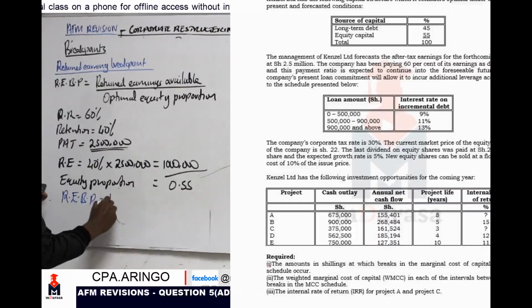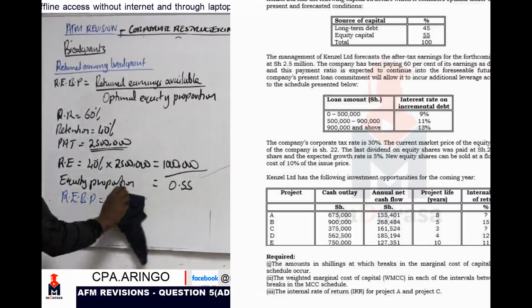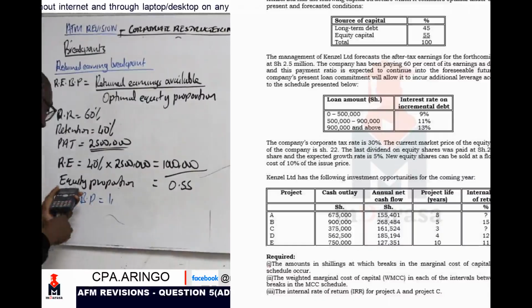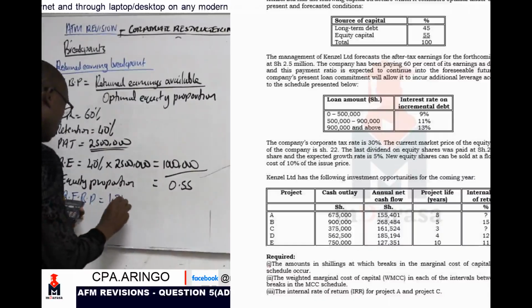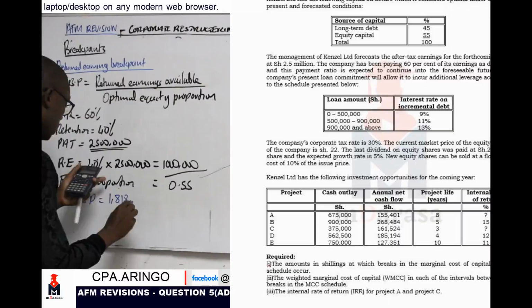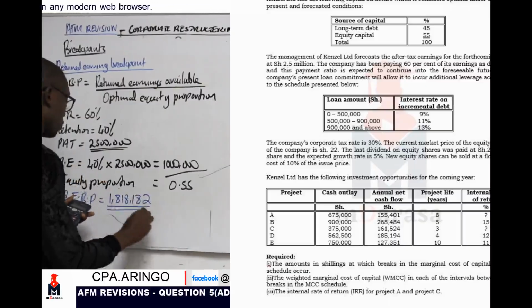I should be having 1,818,182, as per what Mwalimu is getting.